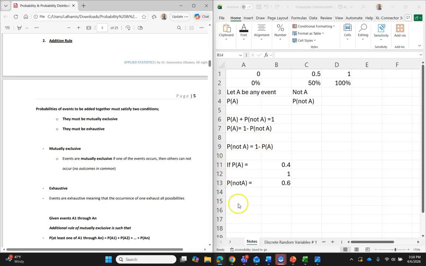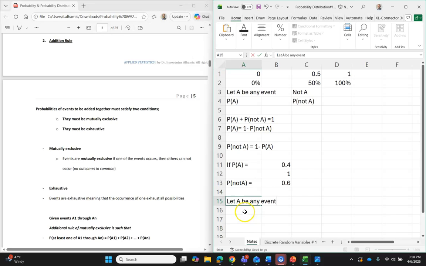So let's consider events. Let's talk about two events. Let A be any event, and also let B be any event. So we can write probability of A as P(A), and we can write probability of B as P(B).